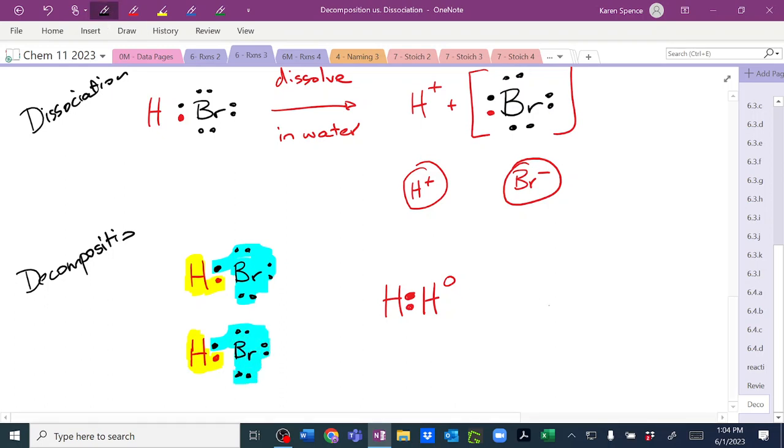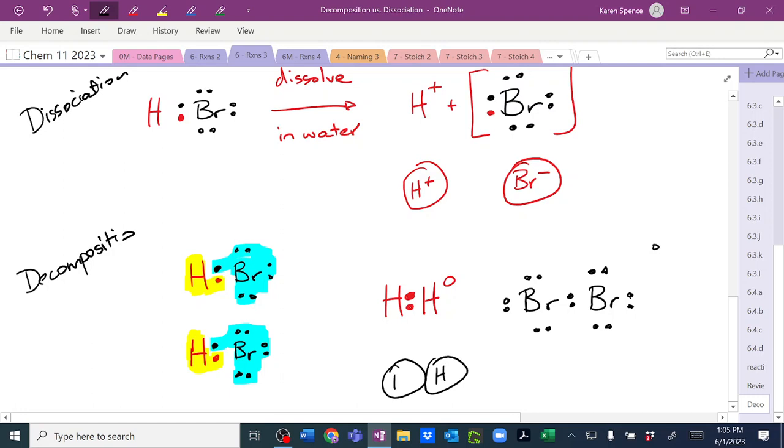Okay, and so we'll end up with Br2, and the charge of that is also 0. So we now have H2, each with no charge, and we have bromine, Br2, neutral atoms.